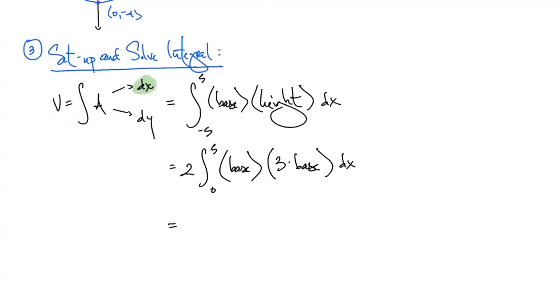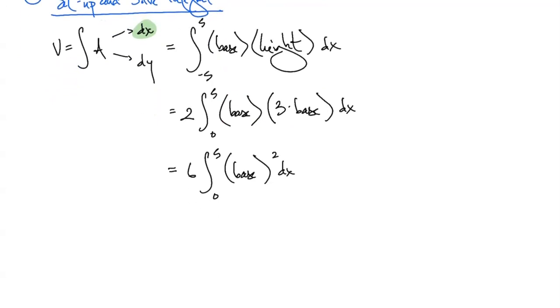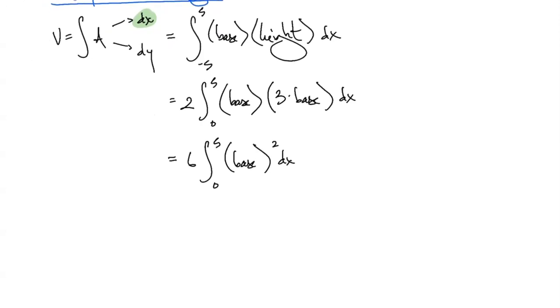So my new coefficient will be a 6, the integral from 0 to 5. Now I see that I'm going to have a base times a base. So I'm just going to write that as base squared. Okay, perfect. All right. Let's figure out our equation now.